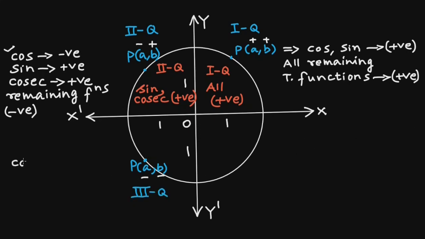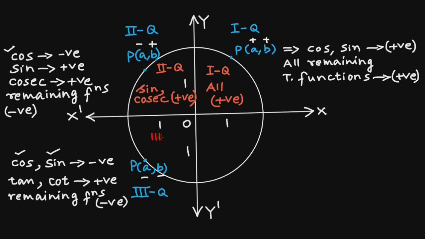Therefore, both cos and sine functions will be negative. Therefore, tan and cot functions will be positive because they involve both negative cos and sine, and the remaining functions will be negative. So in the third quadrant, tan and cot are positive and all remaining functions are negative.